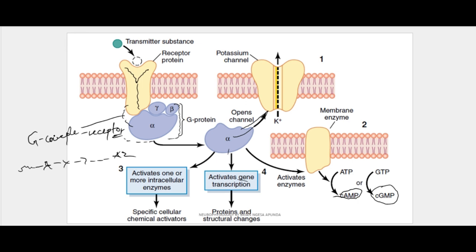So when these are activated, you can see what they can do. They can utilize the already available energy currency, the ATP and the GTP. So that is what we need to remember. Why are they important?